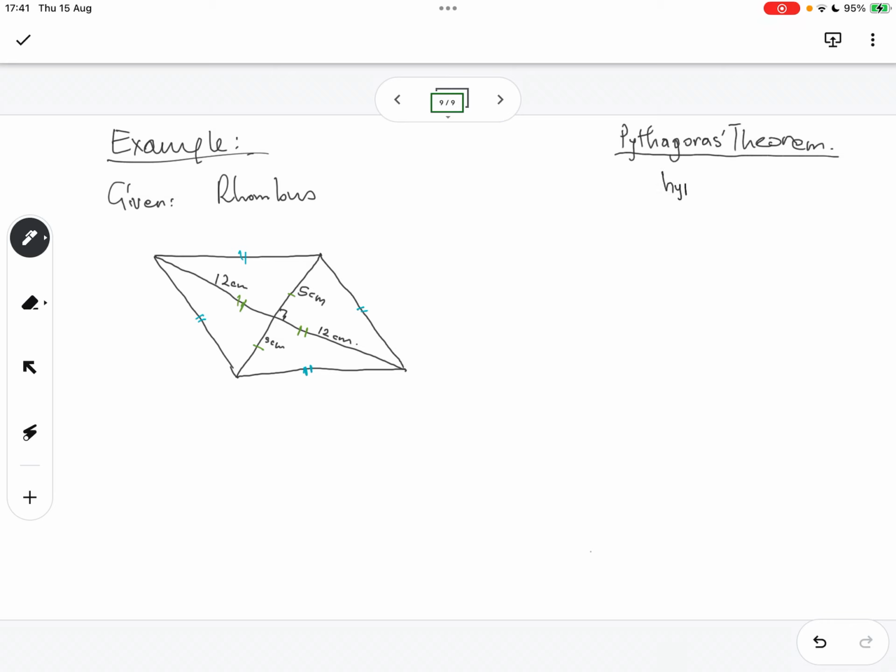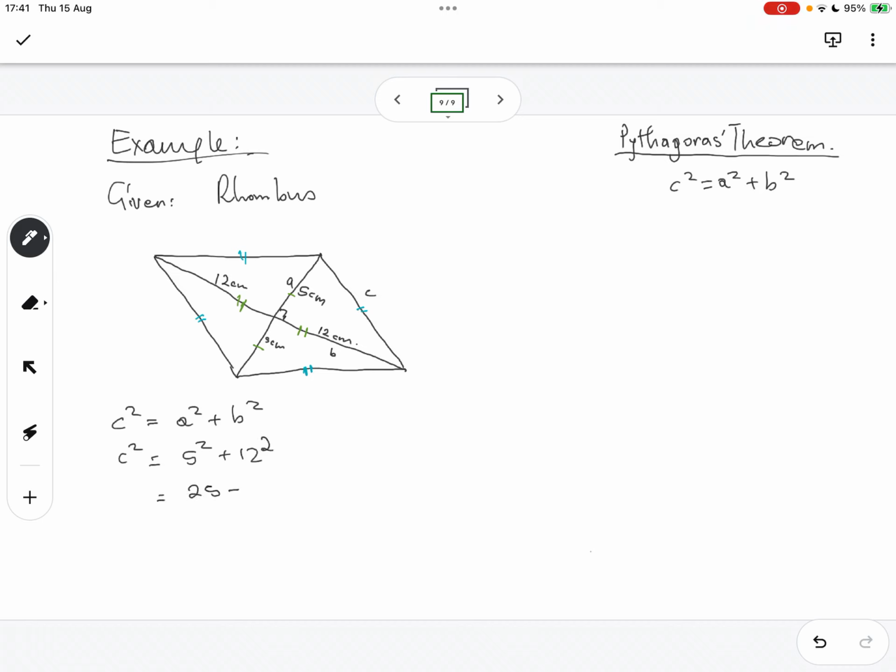the length of the hypotenuse squared equals, or rather, c squared equals a squared plus b squared. So we'll call that a and we'll call that b, so that will be c, right? So in this triangle, c squared equals a squared plus b squared. So c squared is 5 squared plus 12 squared.